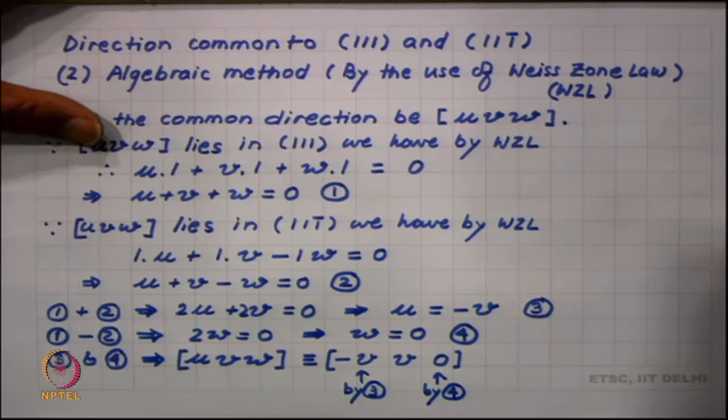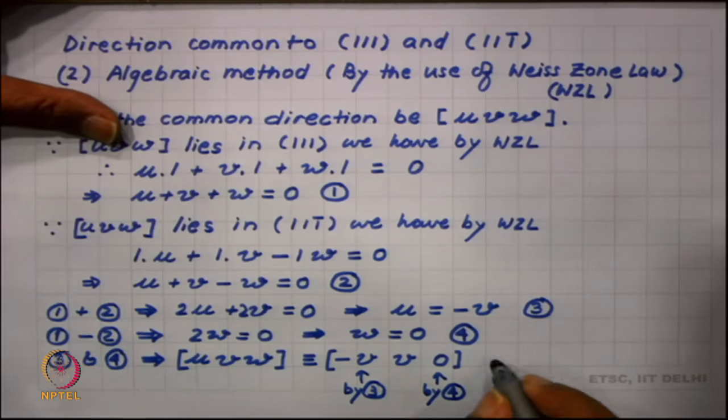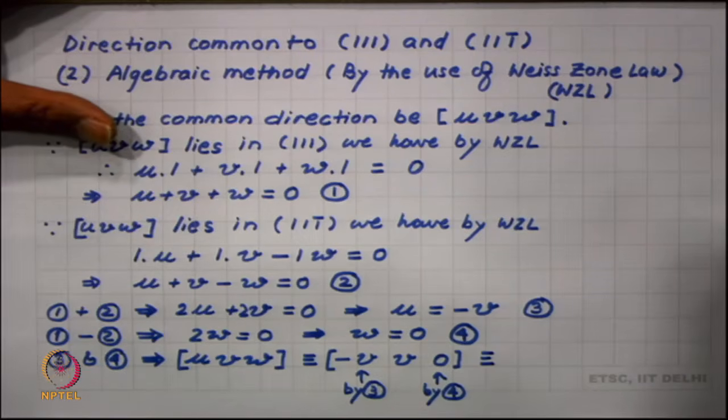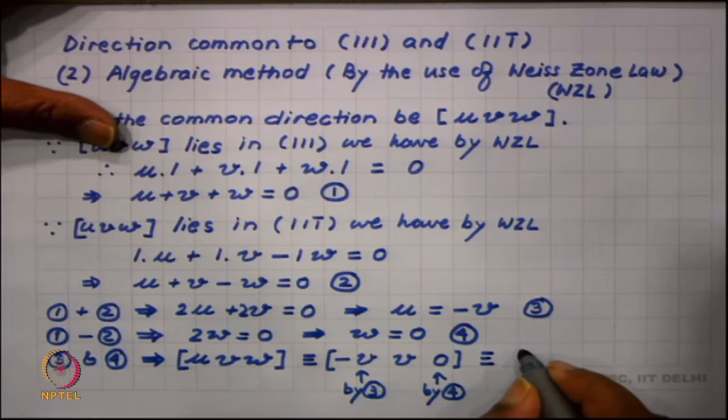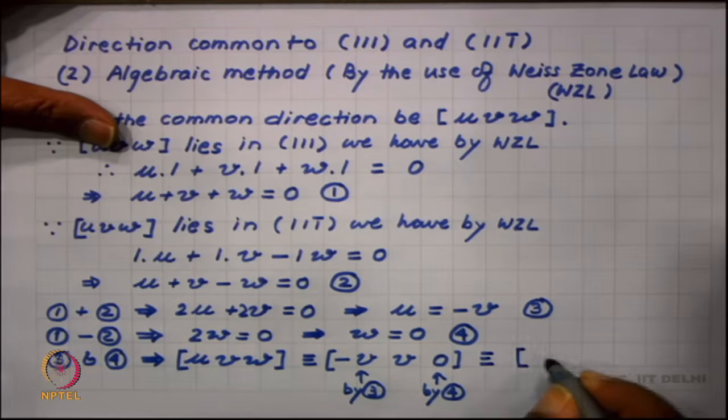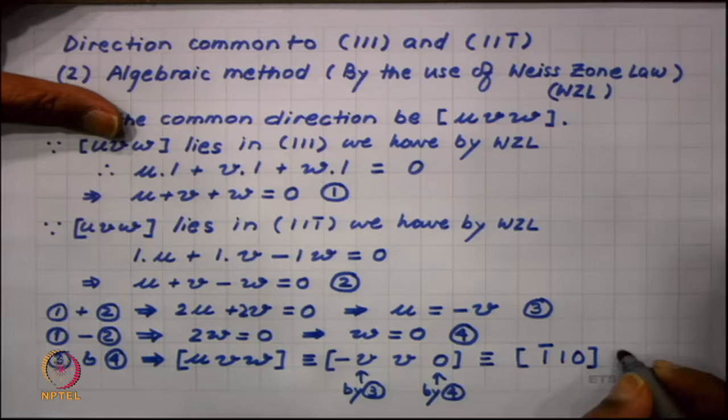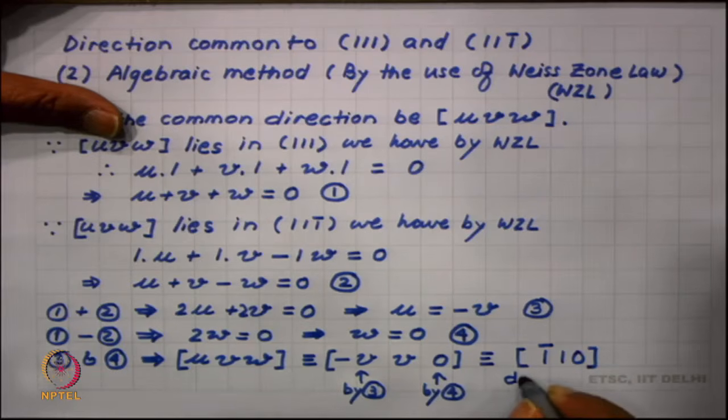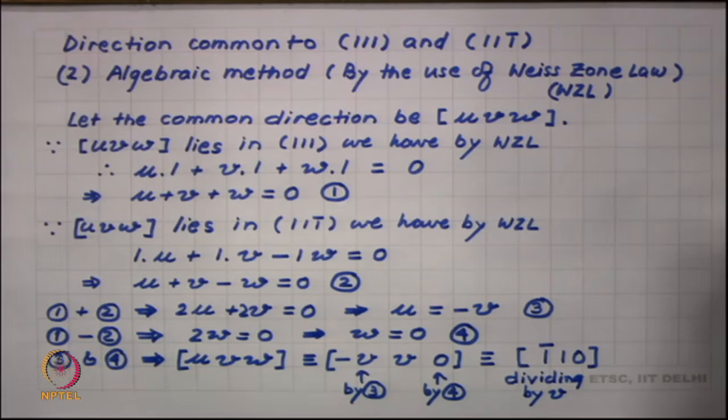But now I know that I can divide by a common factor in case of Miller indices. So, by dividing by V, I get bar 1 1 0.